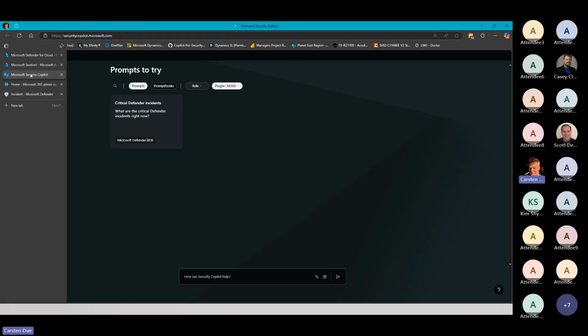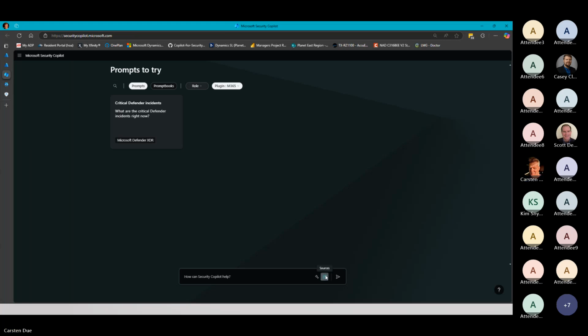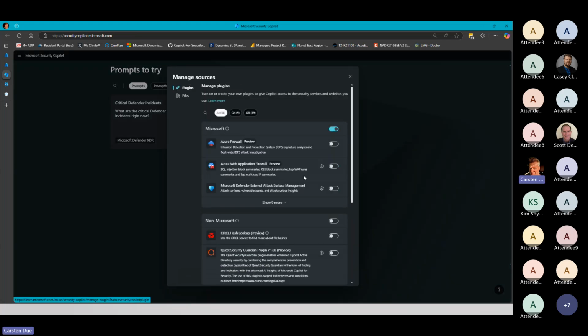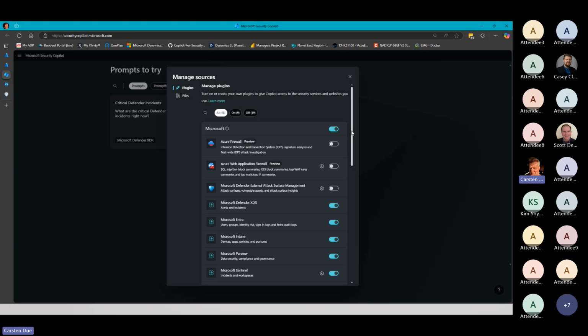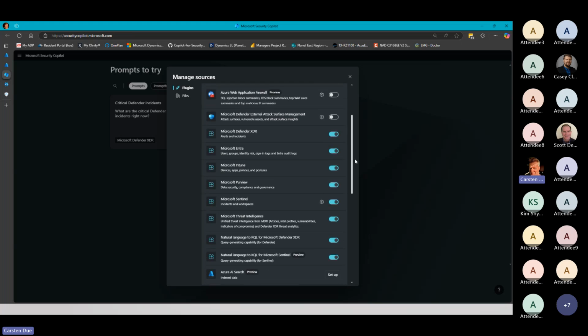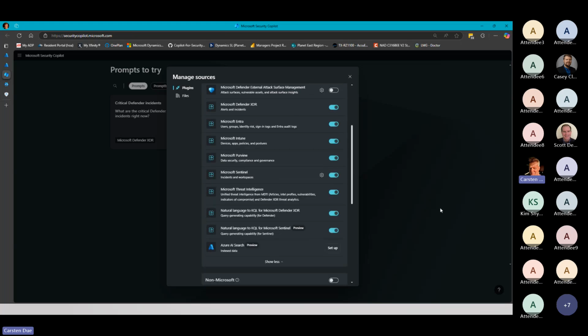Security Copilot, its interface and its connectors. So if I show you here really quick, this is about integration, of course. If I have a security issue, as you see here, I can get the incident from Sentinel. Maybe I get device information from Intune. I get the user information from Entra.